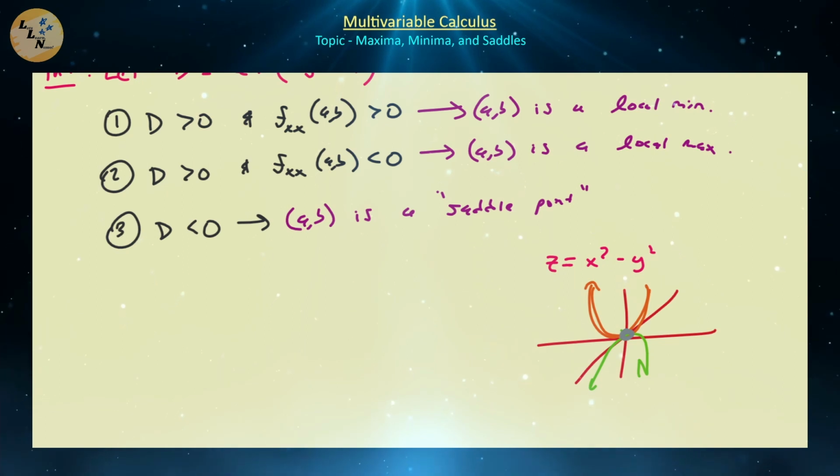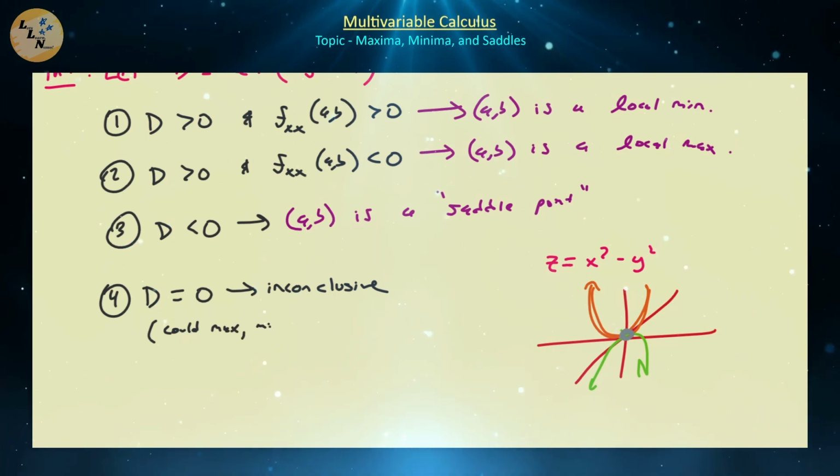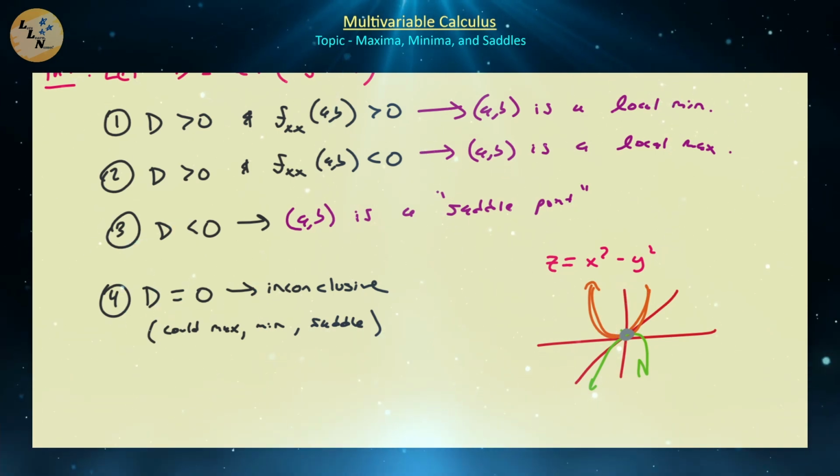So we have positive, negative, and the last case is 0. If D is equal to 0, it's inconclusive and you have to do more investigation. When I say inconclusive, it could be a max, a min, or a saddle point, but you have to use other methods to investigate that, which we won't get into today.